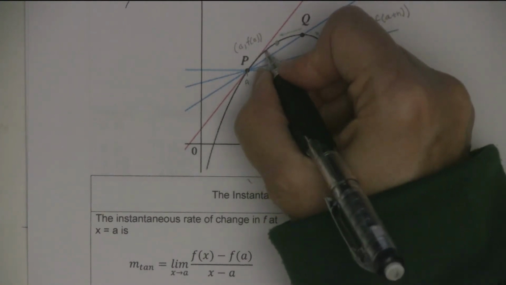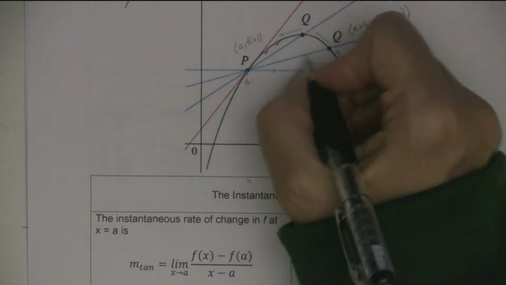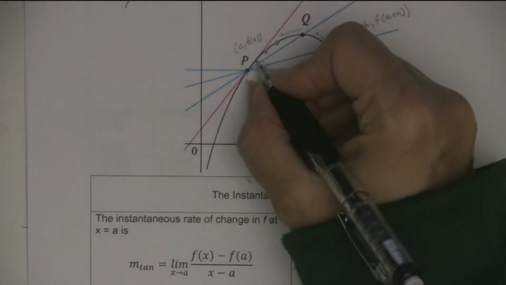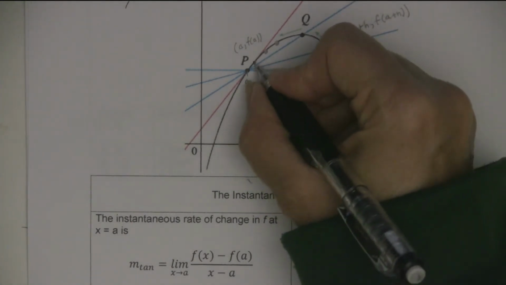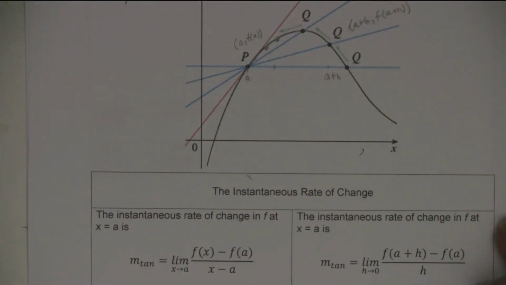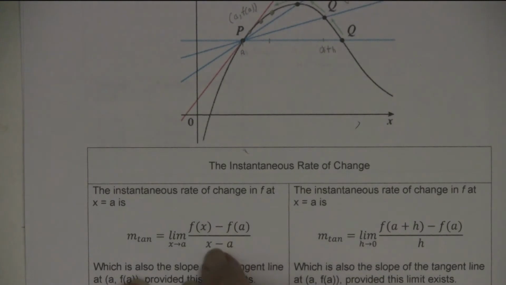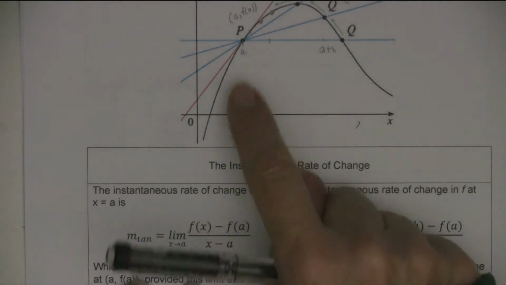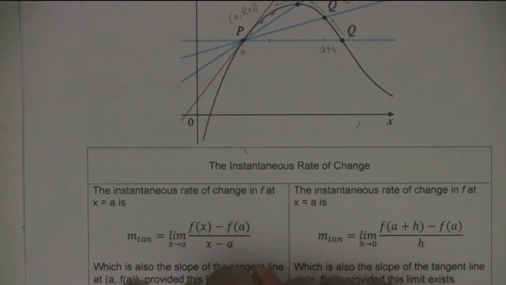And here would be a different Q value. So they had these three, but getting closer and closer to P and Q being the same exact value.